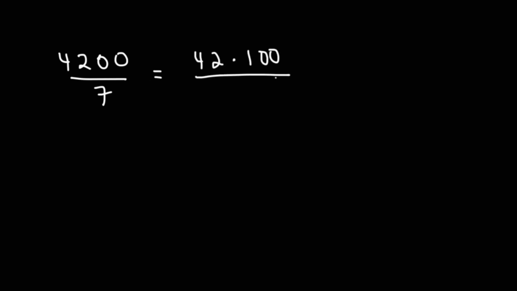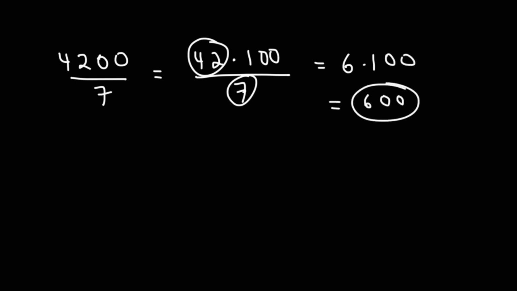Let's work on another example. 4,200 divided by 7. What's the answer? Well, 4,200, you could write that as 42 times 100. And then 42 divided by 7 is 6. So you have 6 times 100, which is 600. So that's the answer for that one.